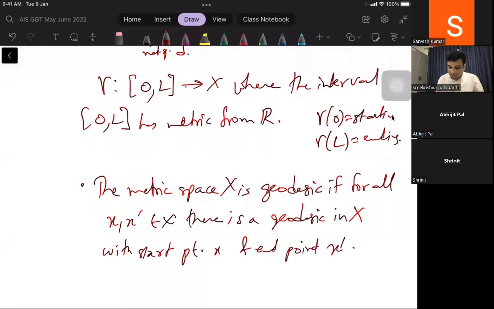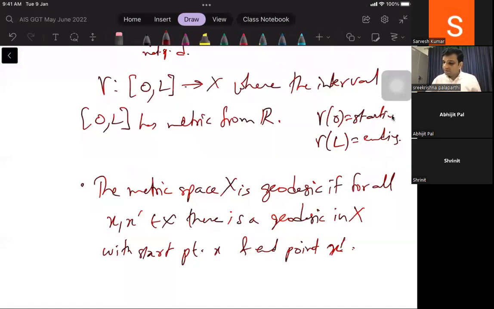Naturally, this is a symmetric relation, so you can exchange x prime and x, and there will be a geodesic the other way as well. A quick example of something which does not satisfy this is R^2 minus the origin. That's not a geodesic space.